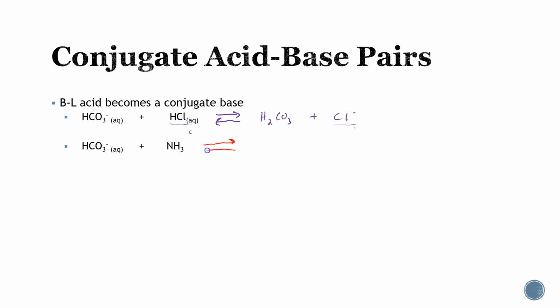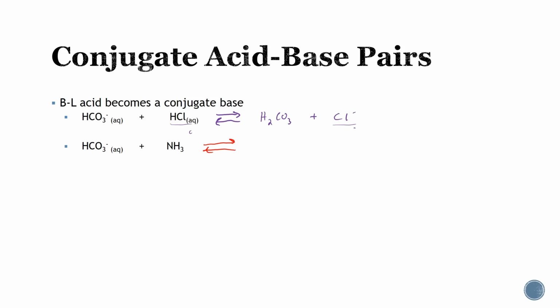Just an FYI, for your Bronsted-Lowry conjugate acid base pairs, I'm not going to make you guess what's going to accept a proton and what's going to donate a proton. I'll just ask you to recognize what's an acid, what's a base, what's the associated conjugate acid, and what's the associated conjugate base. So just a heads up, that's the way I'm going to structure that for you guys.